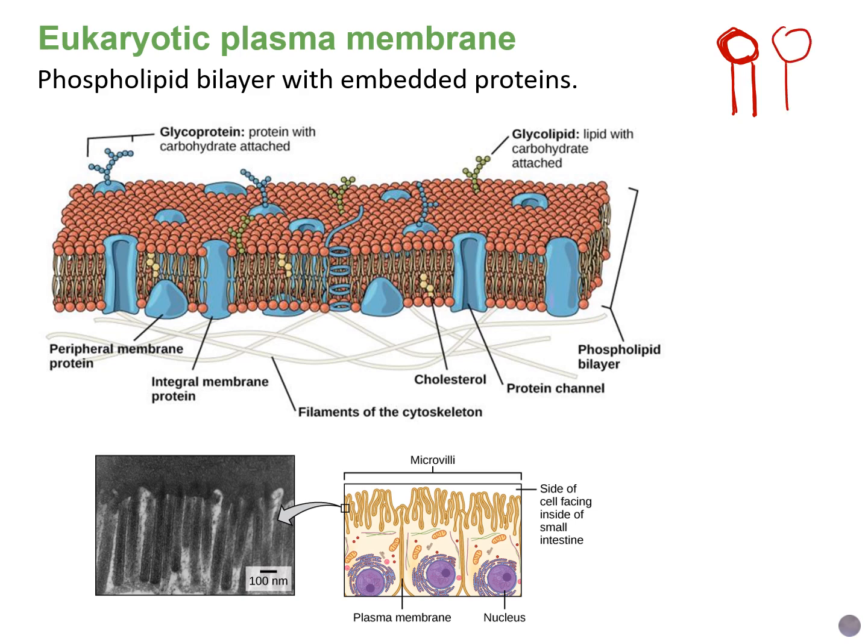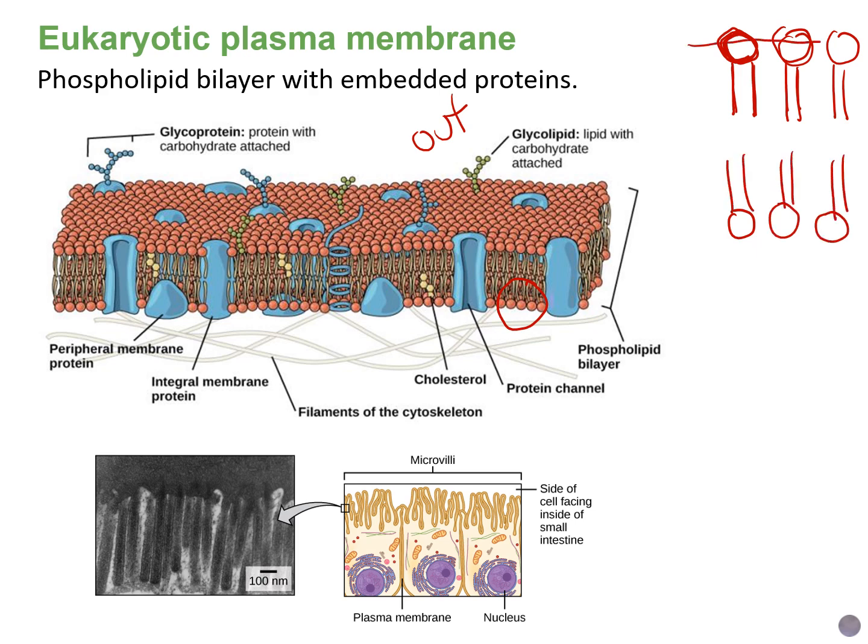So I have a bunch of them facing the outside of the cell, if this was the outside environment. But I also have another layer facing the inside, and it looks like a mirror image. So water-loving is facing over here outside of the cell, but the water-loving layer is also facing the inside of the cell. And then in between, we have the hydrophobic fatty acid tails.